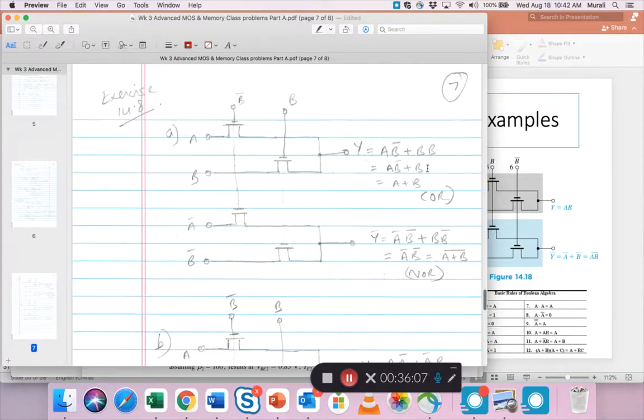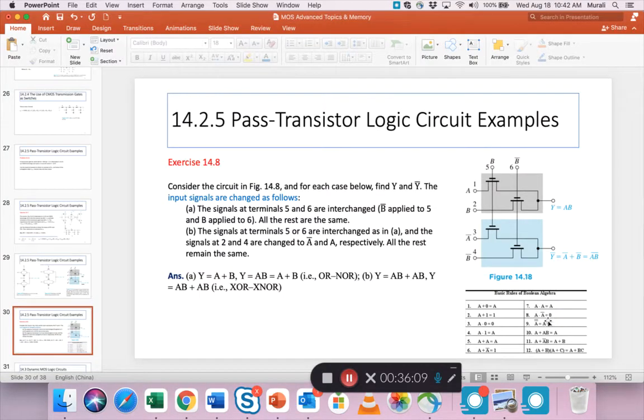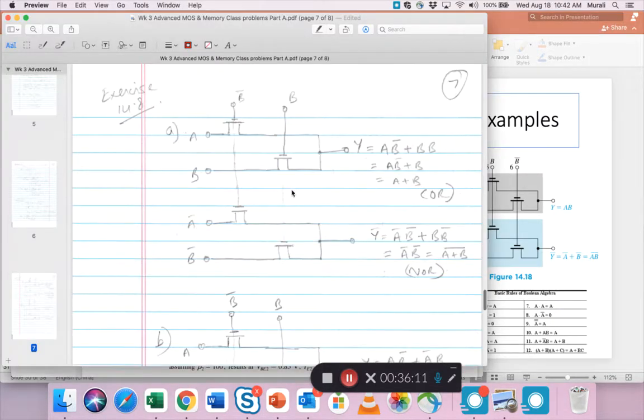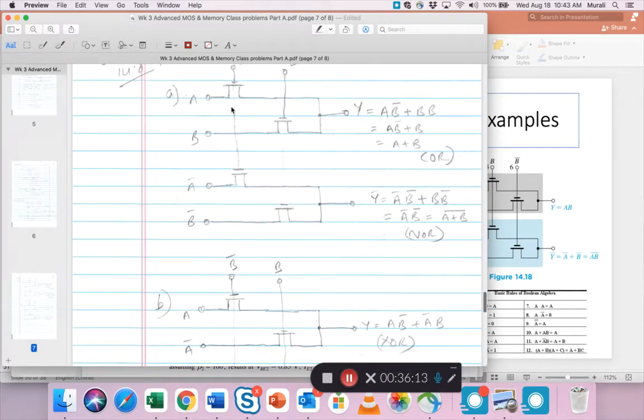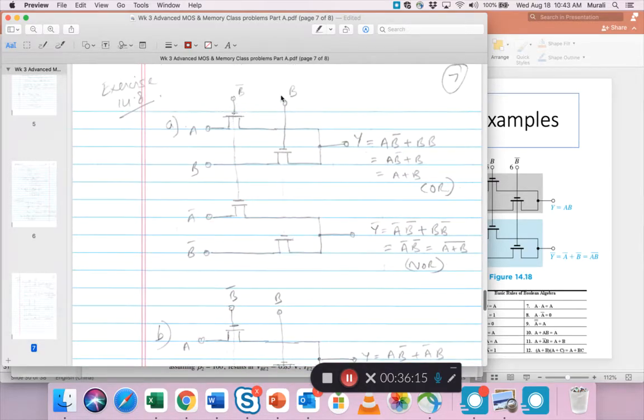You actually also end up having to use this little table of Boolean algebra rules. So for example, if this is B and B bar now switched, then Y becomes, on this path, A B bar, on the lower path you have B and B. B and B is just B, and then A B bar plus B is nothing but A plus B, which is an OR function. Similarly, you can see that the bottom becomes a straight NOR function.